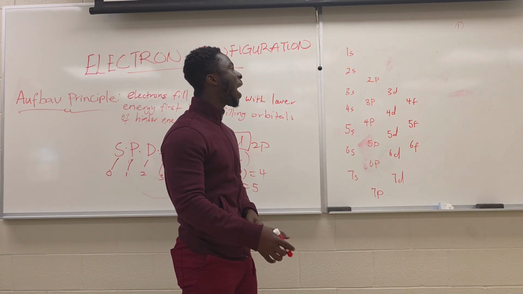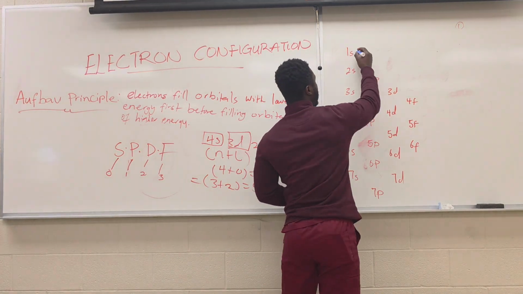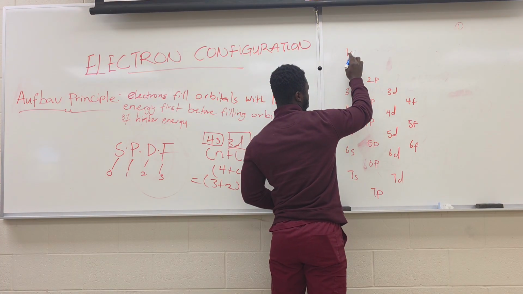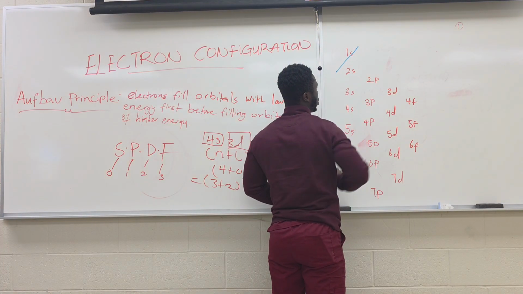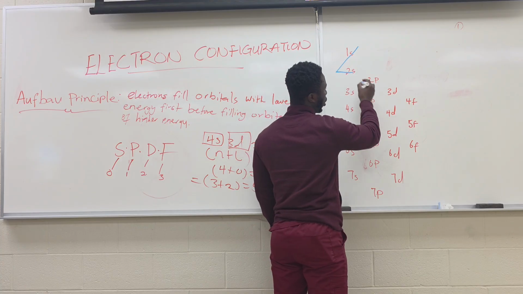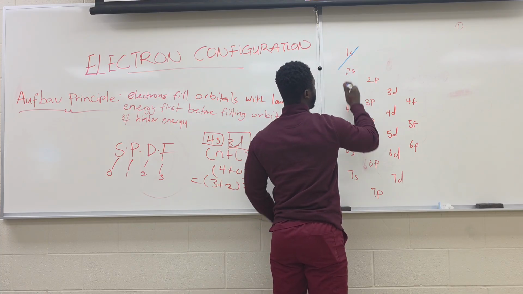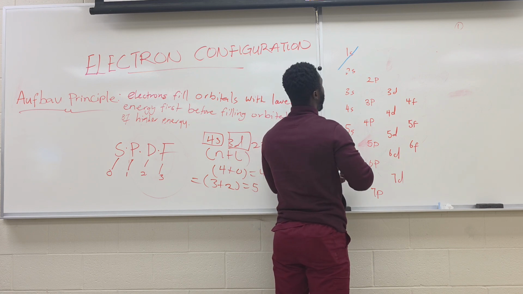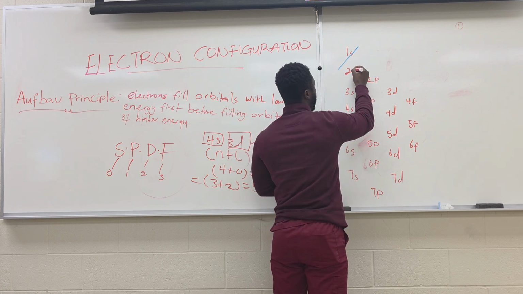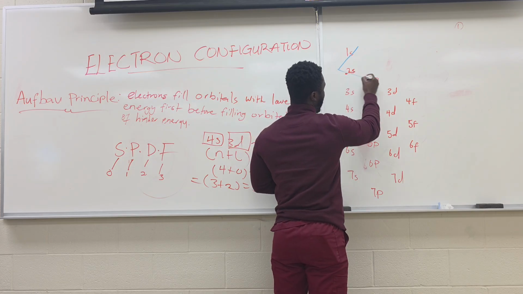So if you want to know how it is filled up, let me use blue. We'll first start filling the 1s orbital, zoom, right? And then we'll fill the 2s orbital, zoom, right? So let me make it a little bit aesthetically pleasing to the eye. Goes like that.